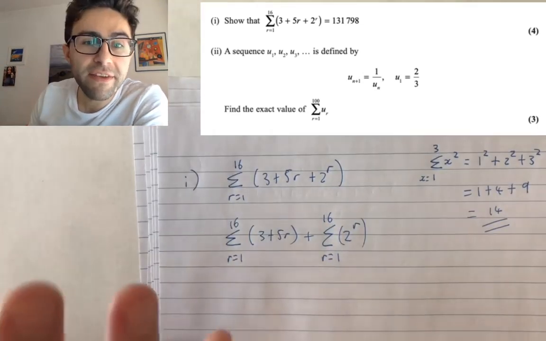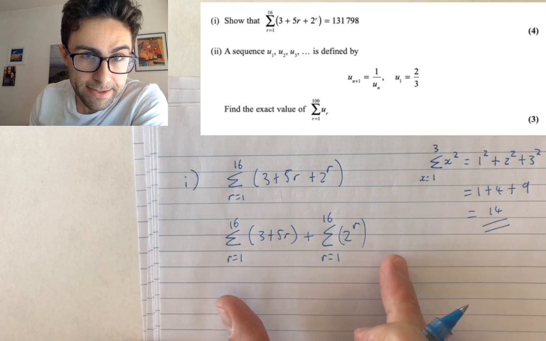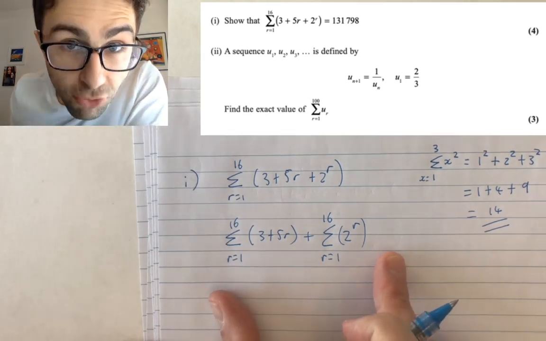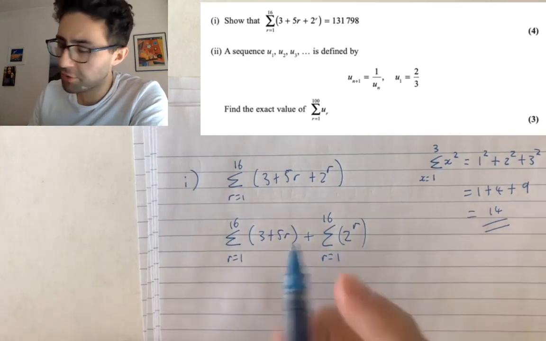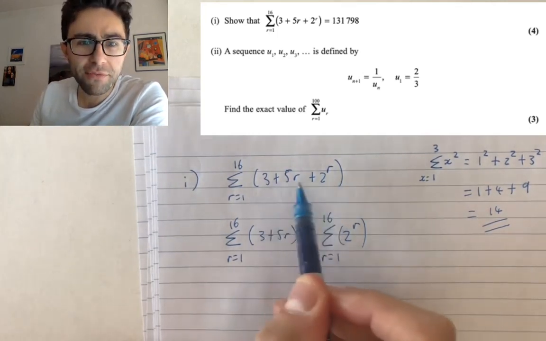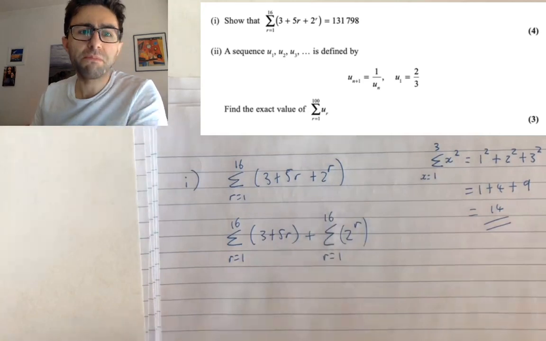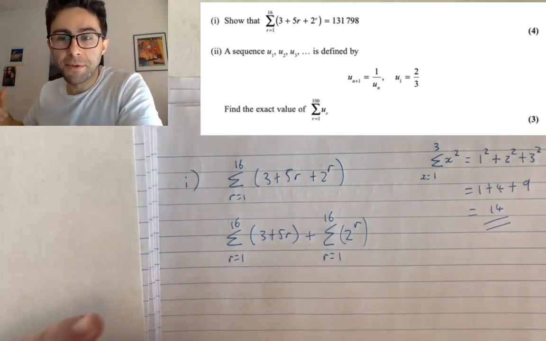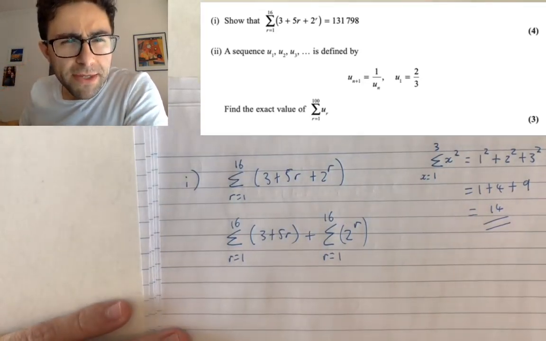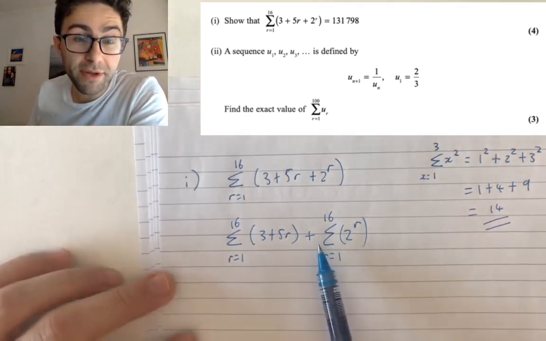You can split up sigma notation like this. Remember that. It's like an integral. If you had an integral of x squared plus 10x plus 3, you could split it up and do the integral of this thing plus the integral of this thing plus the integral of this thing. So this can happen.